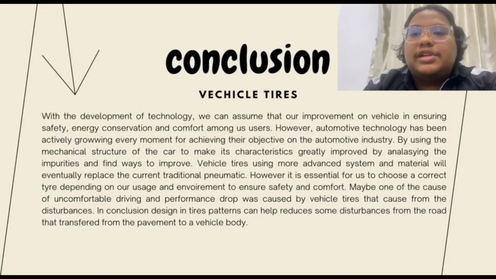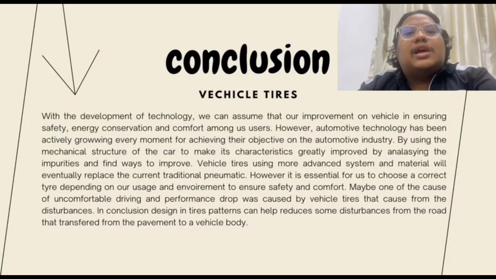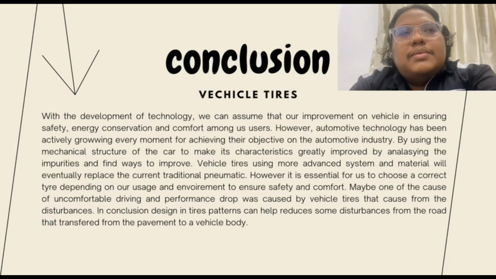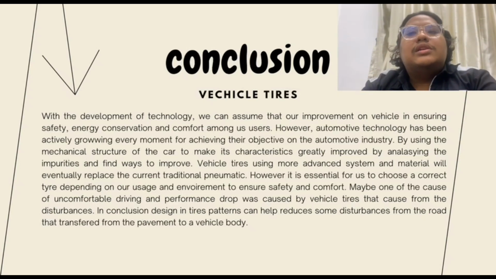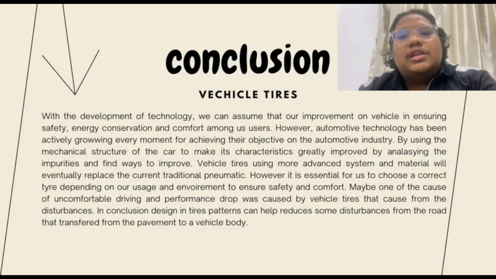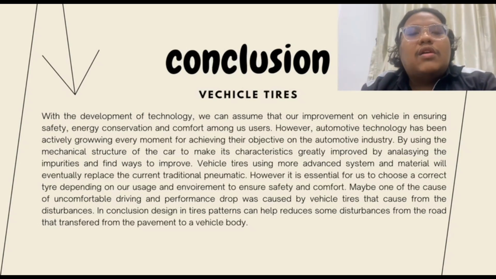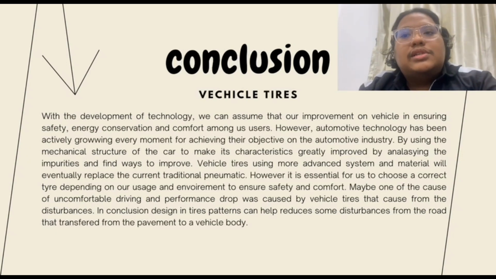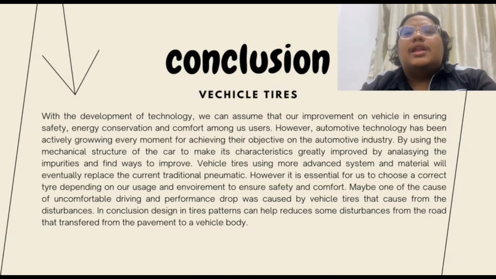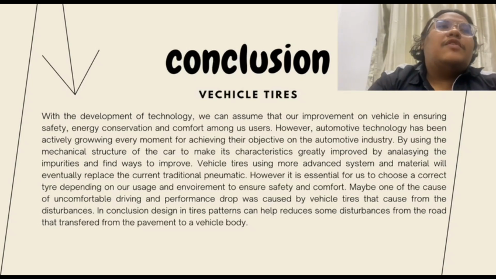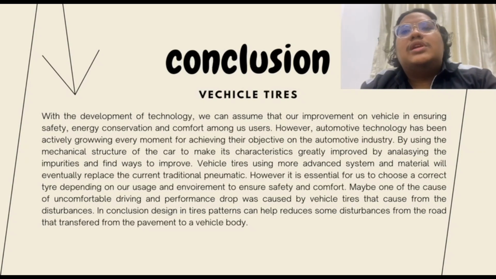For the conclusion, the vehicle tires. With the development of technology, we can assume there is improvement in vehicles in ensuring safety, energy conservation and comfort among users. Automotive technology has been actively growing every moment to achieve the objectives of the automotive industry.